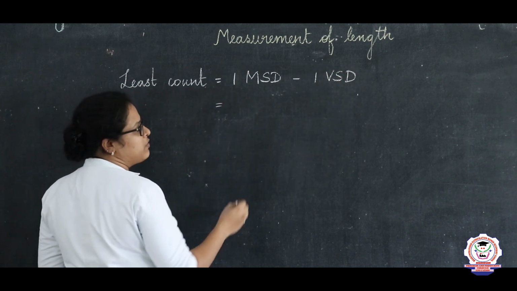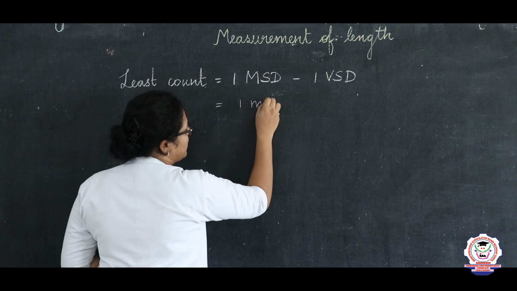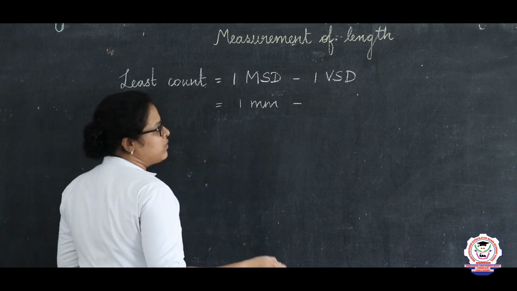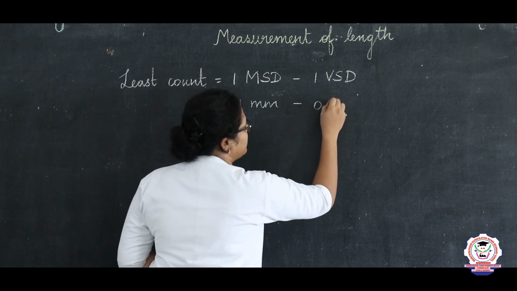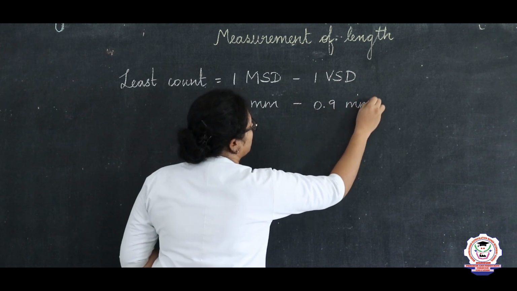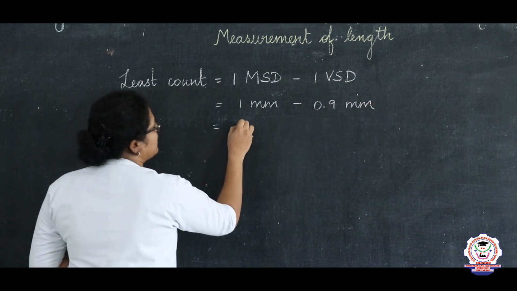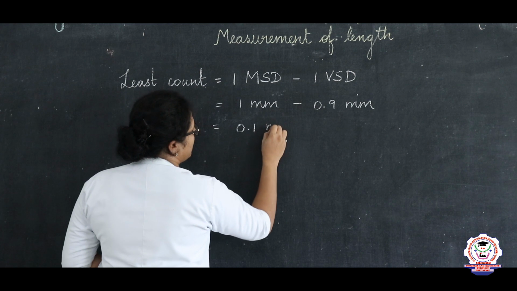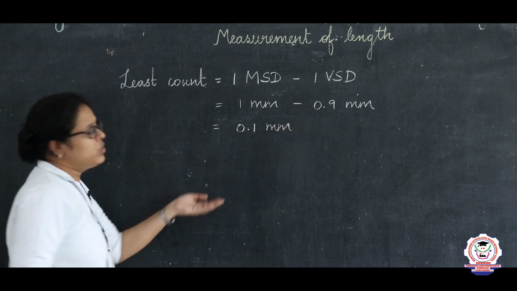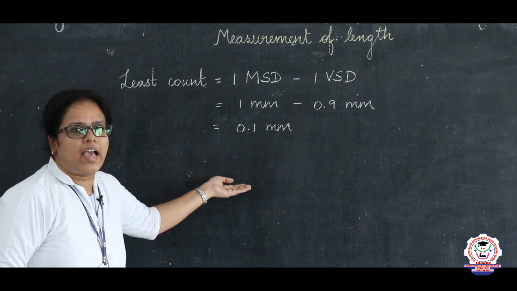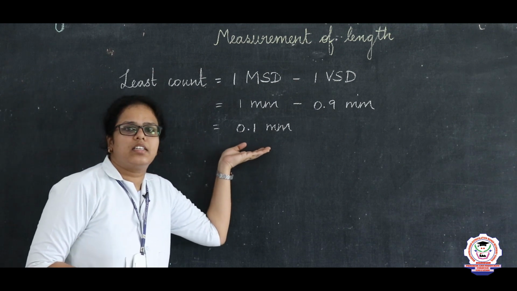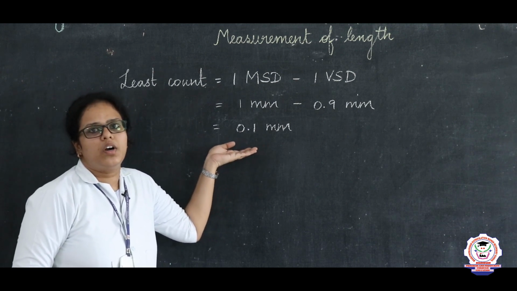What is the 1 main scale division value? It is 1 millimeter. What is 1 vernier scale division? It is 0.9 millimeter. So, this is equal to 0.1 millimeter. So, this is the least count of a vernier caliper. That is, this is the minimum distance measured by a vernier caliper.